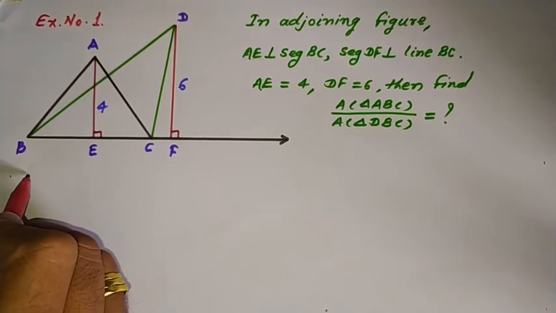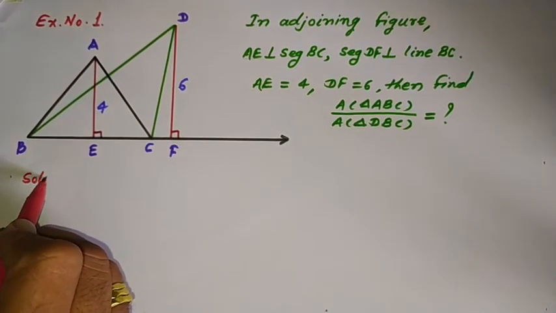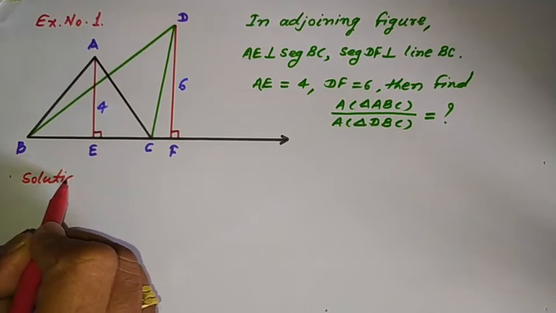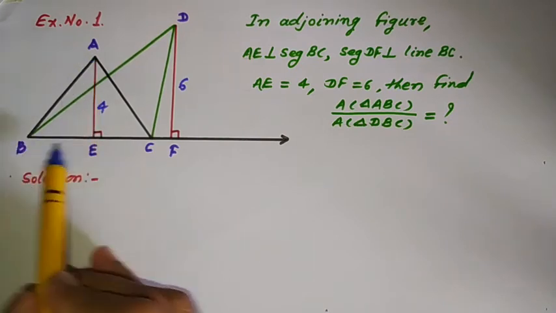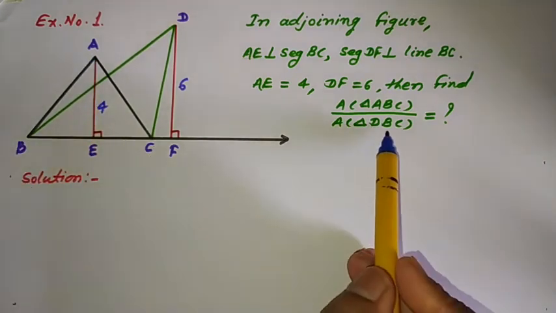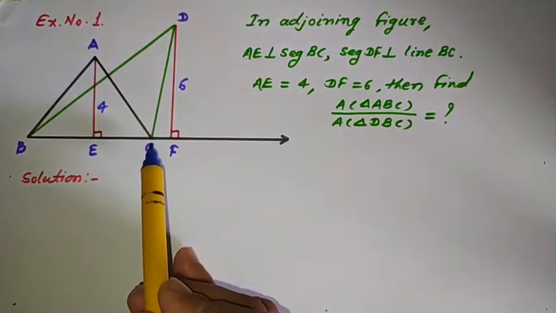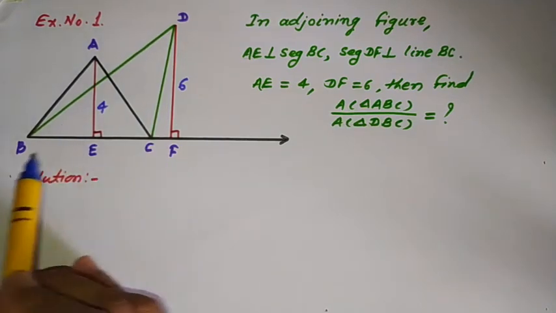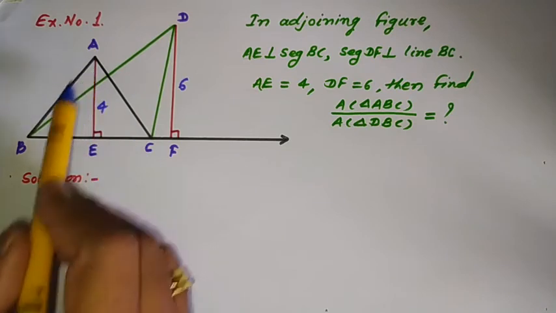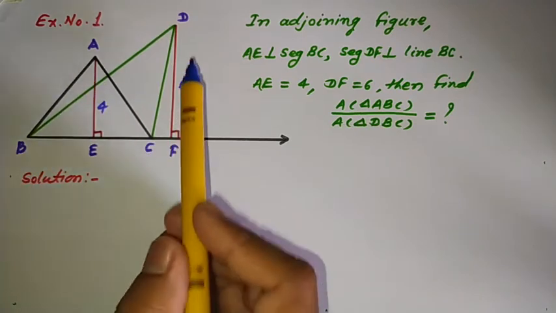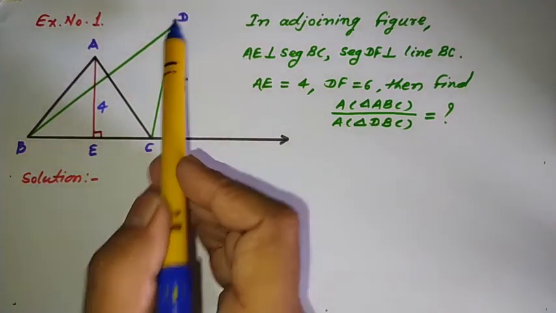Solution. Observe these two triangles, triangle ABC and triangle DBC. In these two triangles the base is common. BC is the base of triangle ABC and BC is the base of triangle DBC.